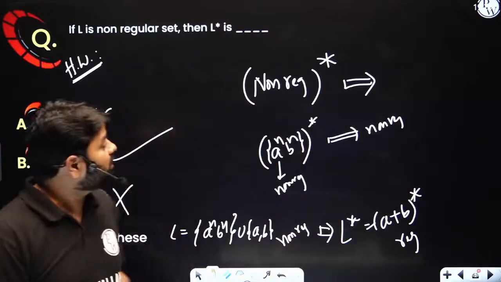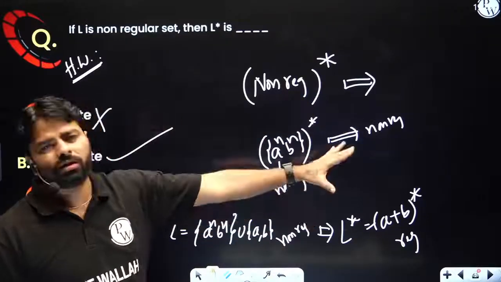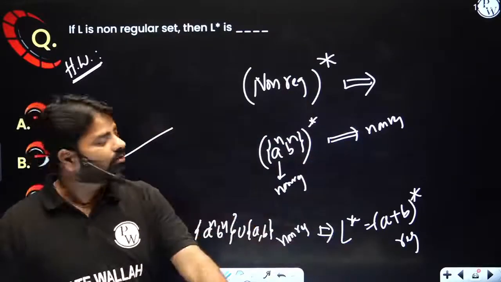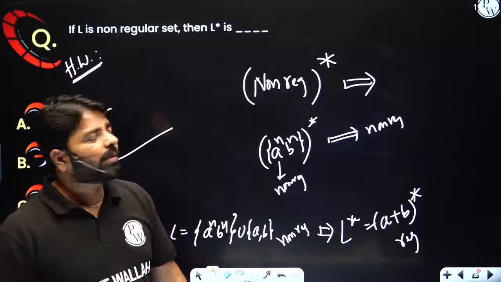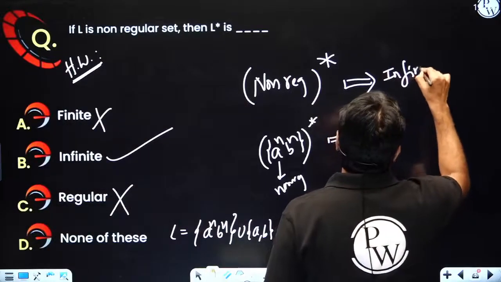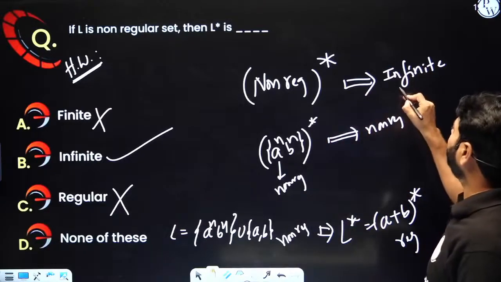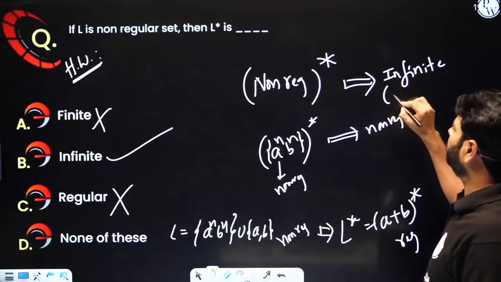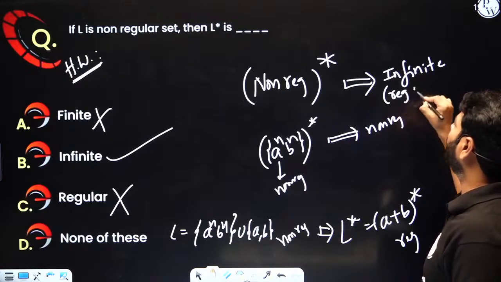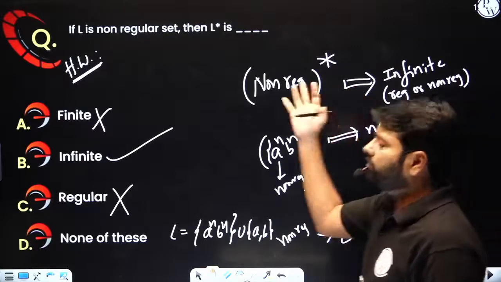Because sometimes you may assume the Kleene closure of a non-regular language is non-regular. That's wrong. What we know is that it is infinite, no doubt, but it may be regular or non-regular. That's the answer, and I'm also giving homework to work more on this question. It depends on which non-regular language you take.